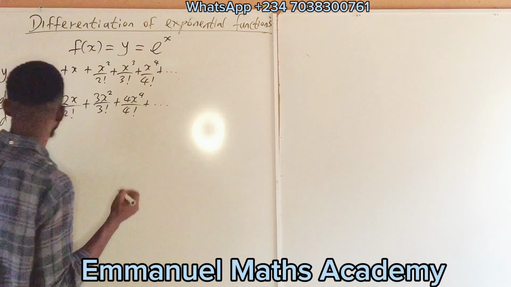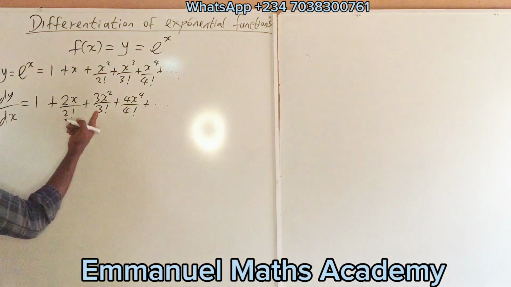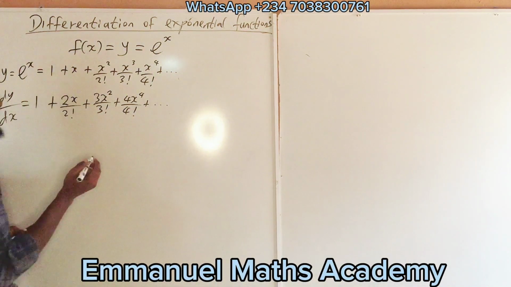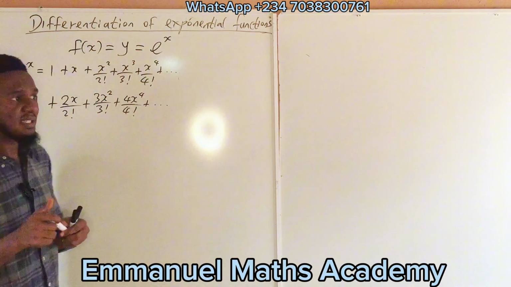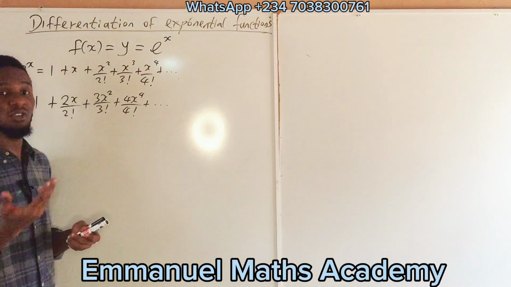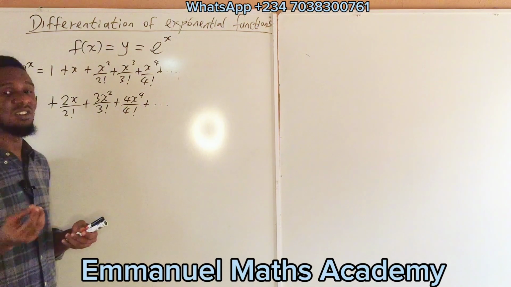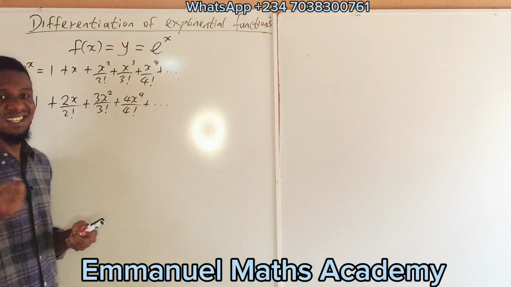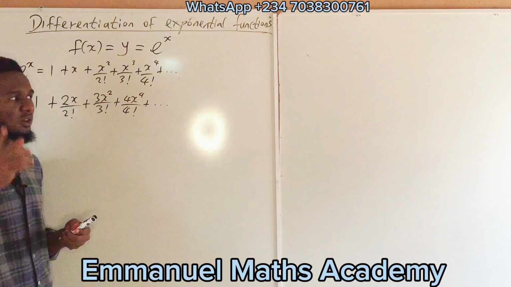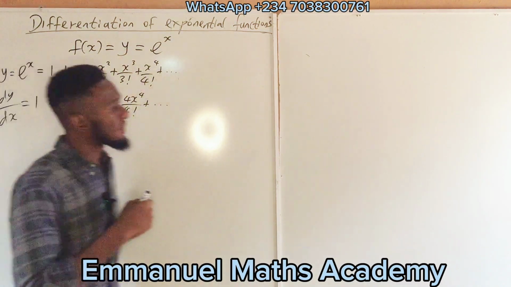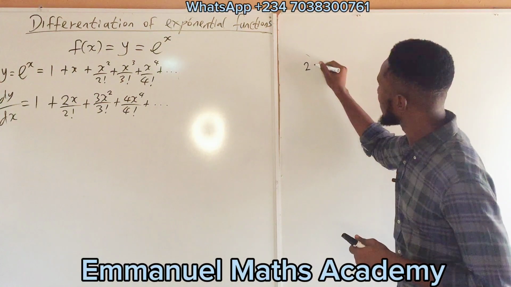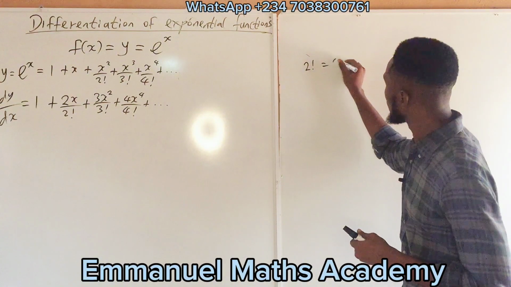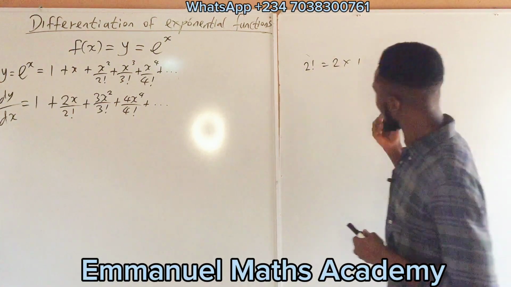Then it continues, right? Now from this, recall that in factorial, the factorial of a number is the multiplication of that number with the consecutive terms in descending order till you get 1. Look at what I mean. 2 factorial is equal to 2 times 1, right?